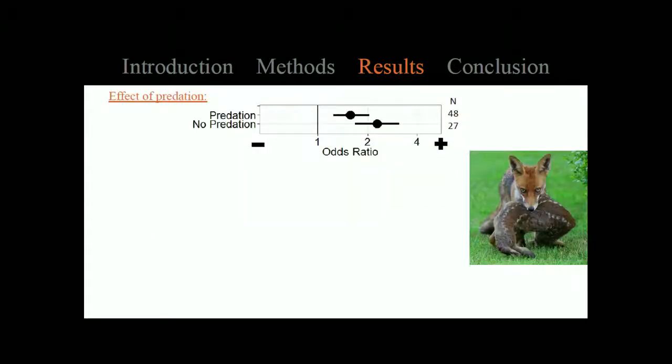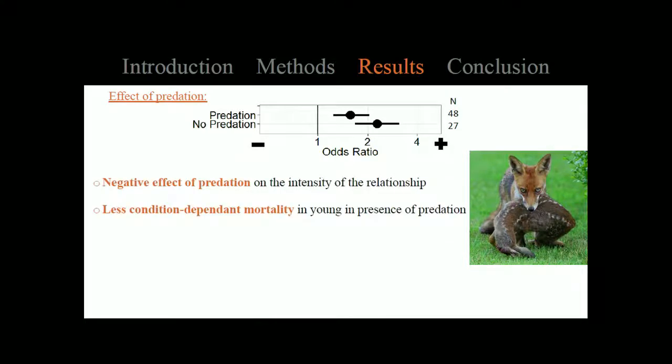Now, if we look at the effect of predation, we see a very interesting pattern here in mammals: in the populations in which the individuals are subject to predation, there is a negative effect of the predation on the meta-analysis mean.